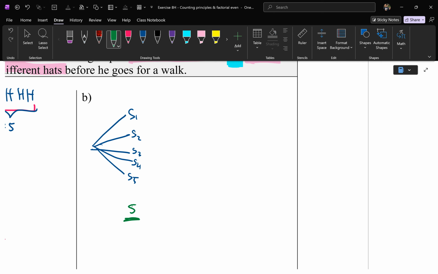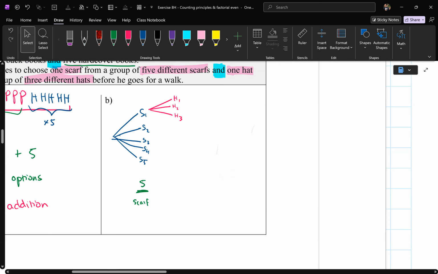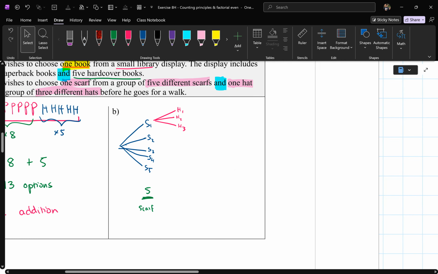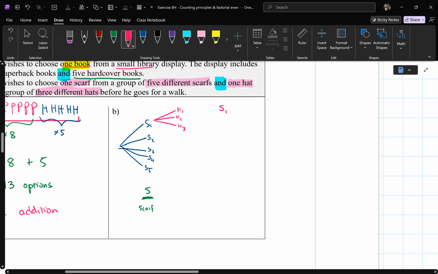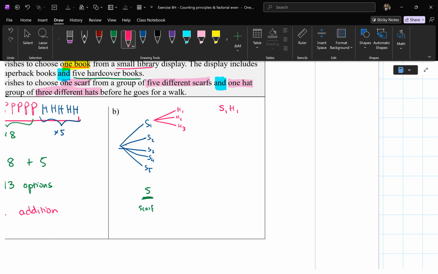Then after they choose a scarf, they then choose a hat. So they could have got scarf 1, and then how many hats are there? There were 3 hats. So hat 1, hat 2, hat 3. So really the combination that Andy could have chosen was scarf number 1 and then hat number 1, or scarf number 1, hat number 2, or scarf number 1, hat number 3.